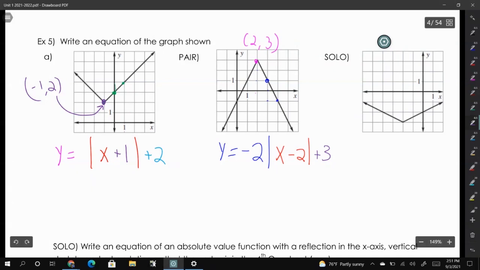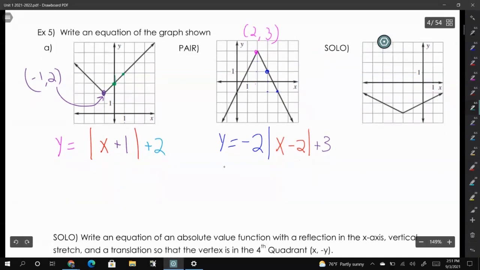The last one here, let's start with y equals. We see we're opened upwards, so the a value will still be positive. And our slope, we're going up 1 and right 2. So our slope is 1/2.